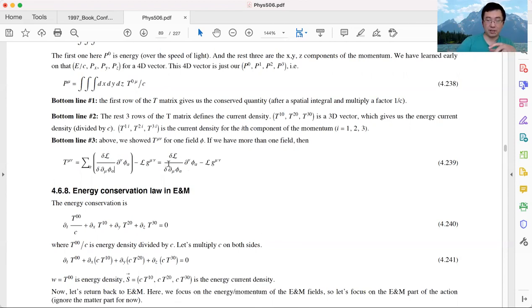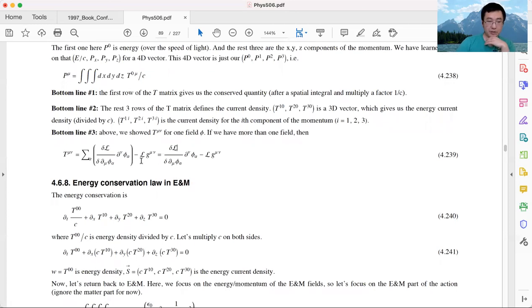Or if you use Einstein's convention, we can write it in a more compact form like this. Alpha is a repeating index, so we need to sum over alpha. So the generic formula for the energy and momentum tensor is defined like this. Okay, so far so good. This is a generic formula for the energy and momentum tensor.